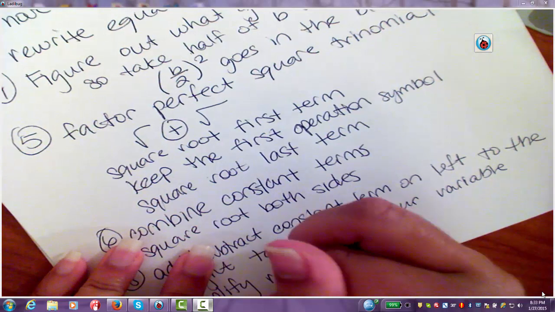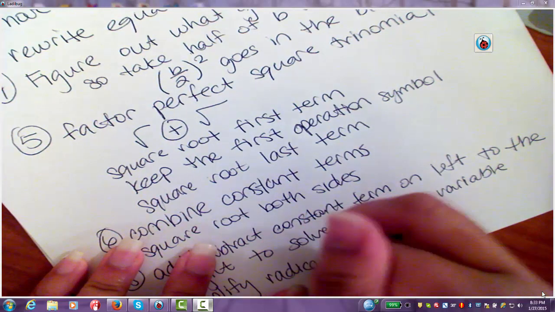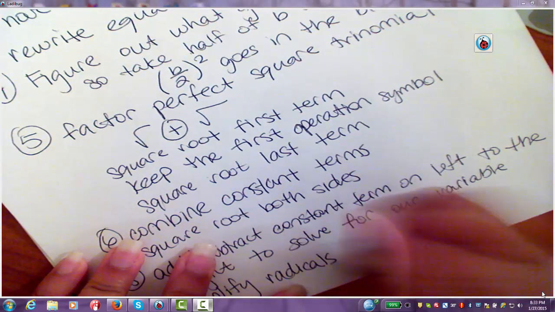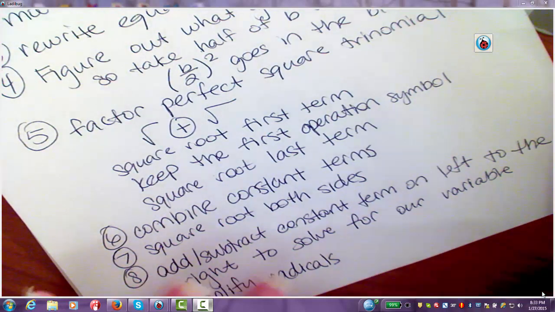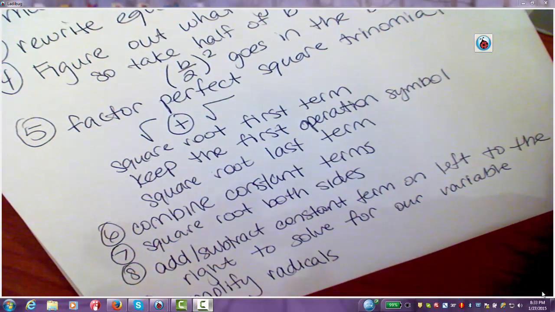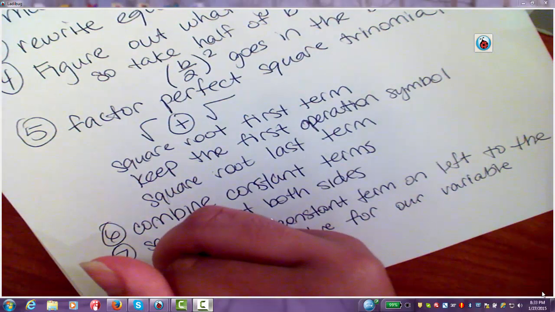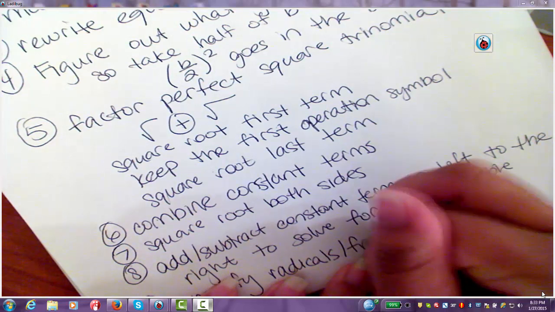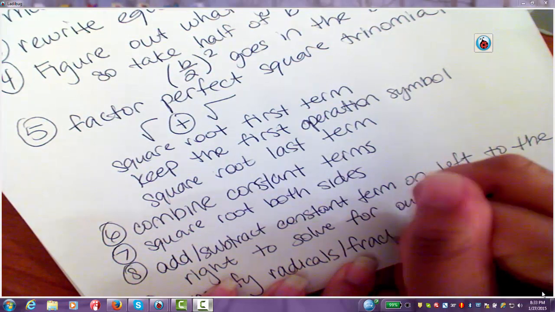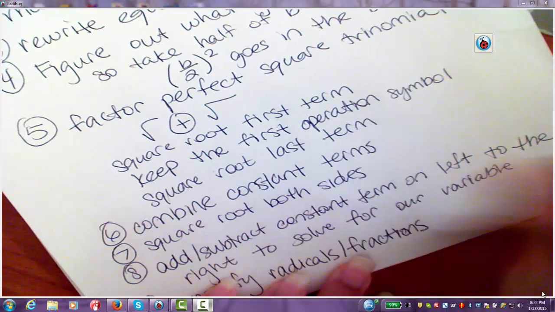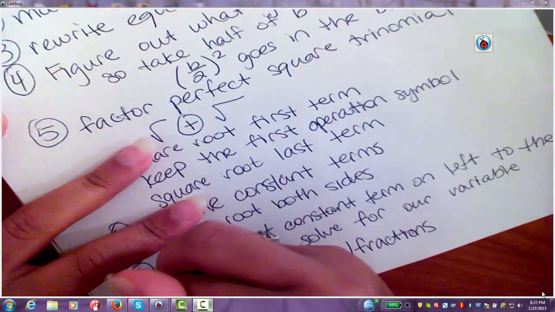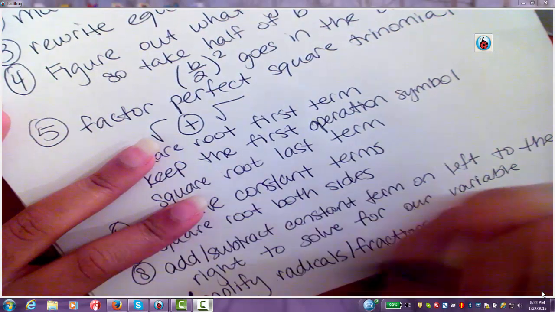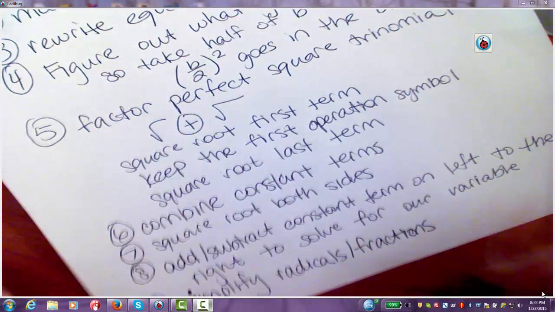And you can also end up with fractions. So just simplify radicals or fractions. Okay, so simplify radicals or fractions, and then you are done.